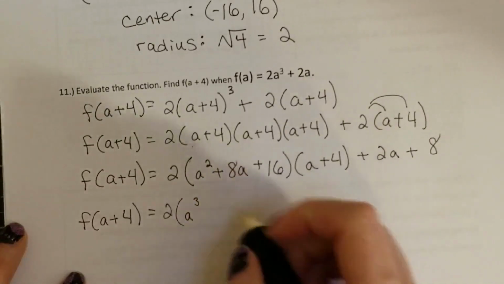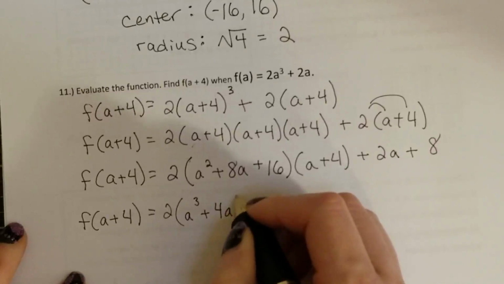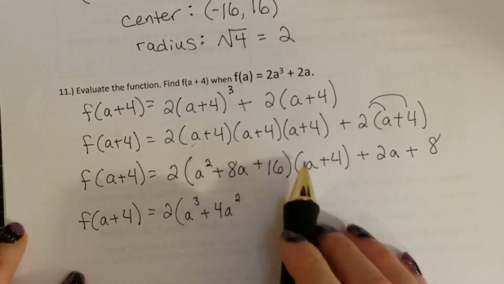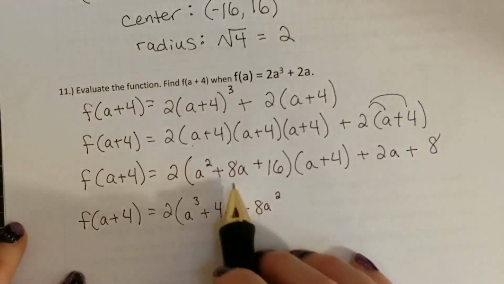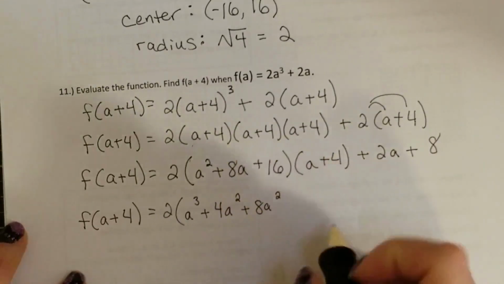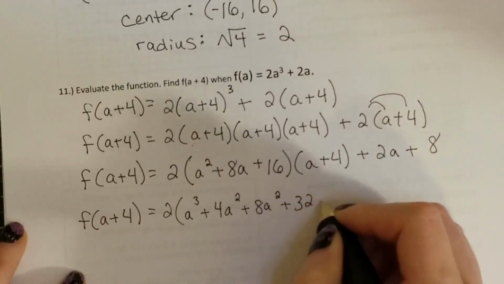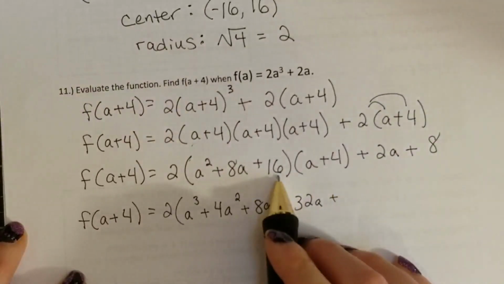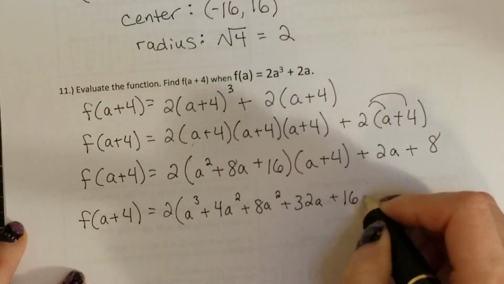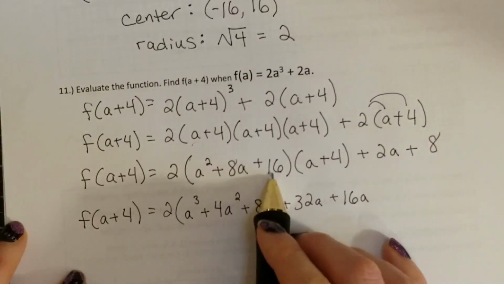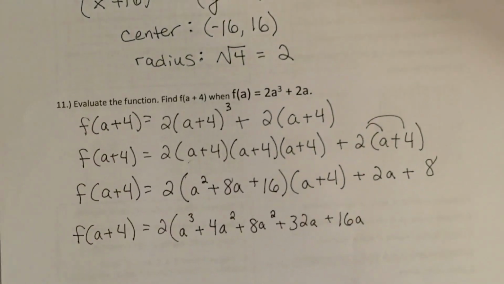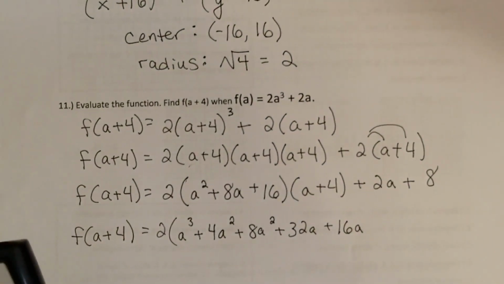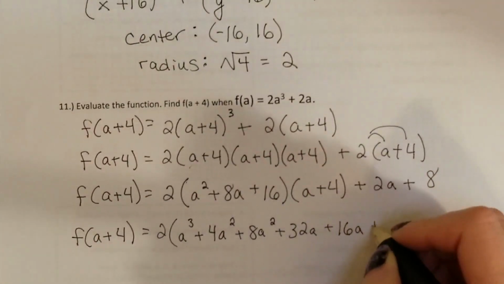A squared times 4, that would be 4a squared. 8a times a would be 8a squared. 8a times 4 would be 32a. 16 times a would be 16a, and 16 times 4, I think that would be 64. Let's double check it. Yeah, 64.